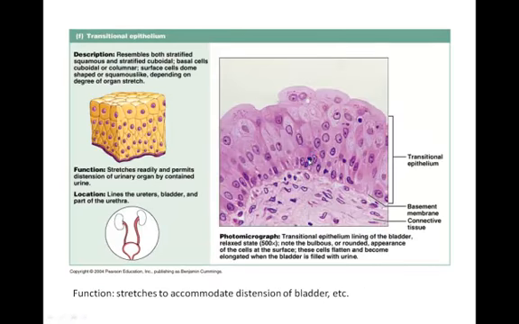So transitional looks like this sometimes, and it looks flattened out and stratified, like stratified squamous when it's stretched out and full of urine. So the function of transitional is to stretch out and accommodate a distension of the bladder.